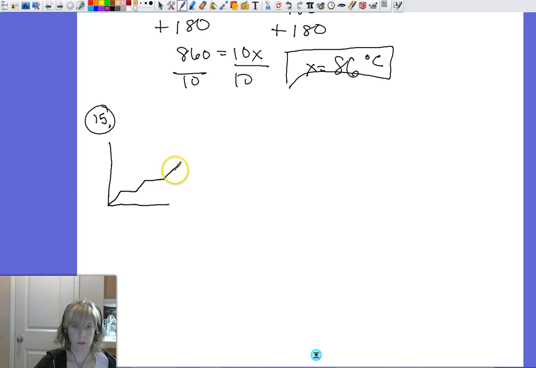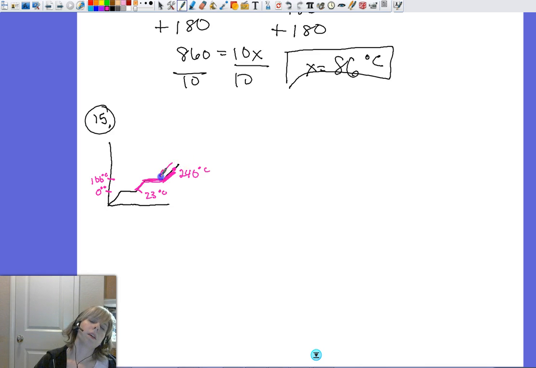So 240 degrees is going to be somewhere up here, and 23 is going to be down here. And since this is water, this is 0 degrees Celsius, and this is 100. So we're going this section. We have to go through all 3 of these sections. So we're starting here.